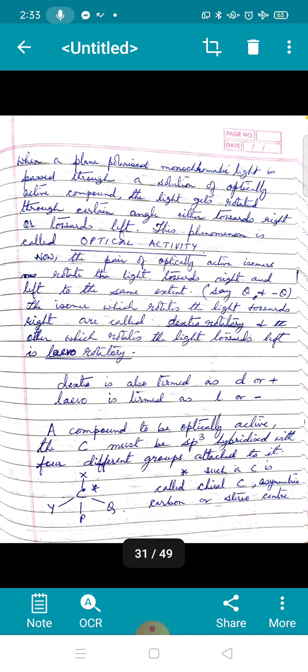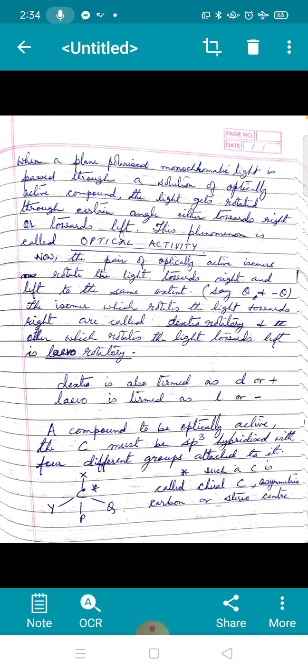So when a plane polarized monochromatic light is passed through a solution of optically active compound, the light gets rotated through certain angle either towards right or towards left. This phenomenon is called optical activity. Now the pair of optically active isomers rotate the light towards right and left to the same extent.